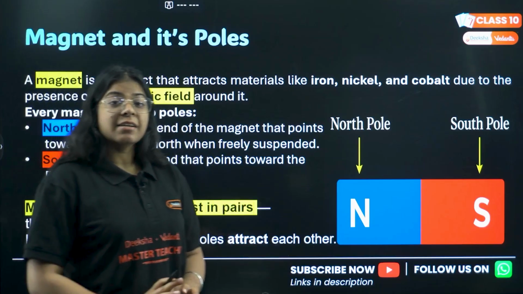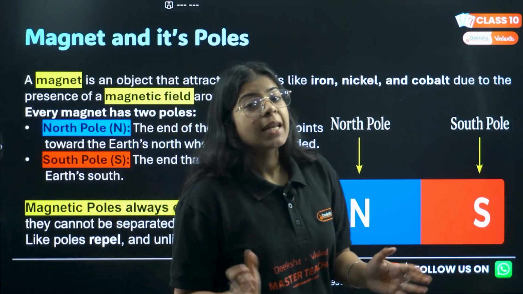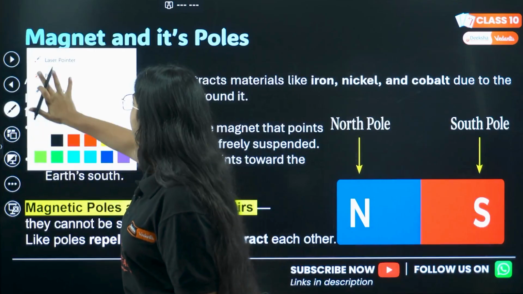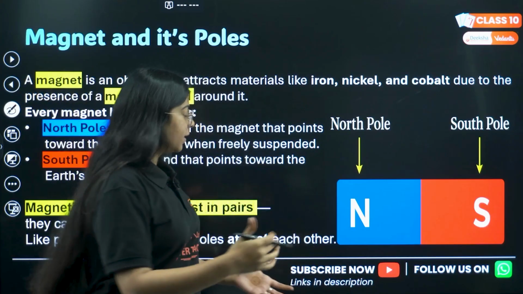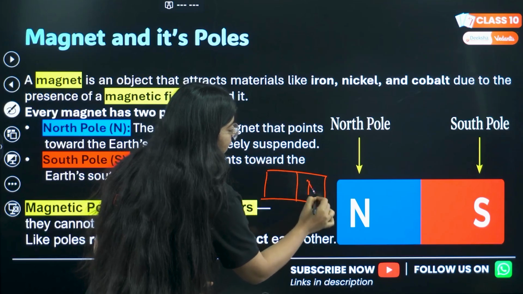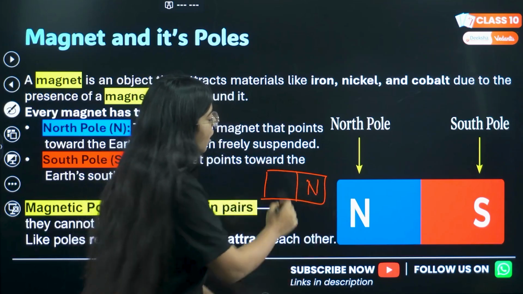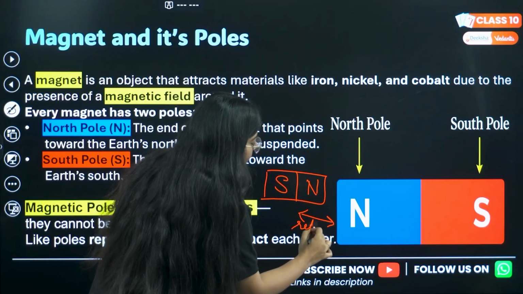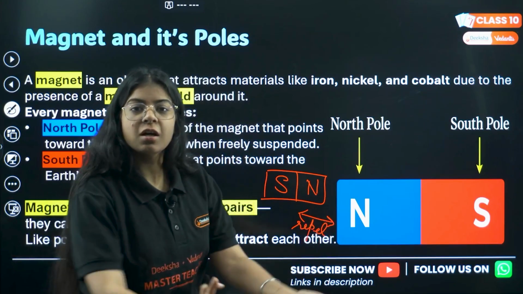Now a very interesting fact about these two poles: like poles repel each other. What does this mean? This means that if I bring another magnet near it, if this is my other magnet, and I bring the north pole near the north pole, it will start to repel. They will repel each other, push each other away.